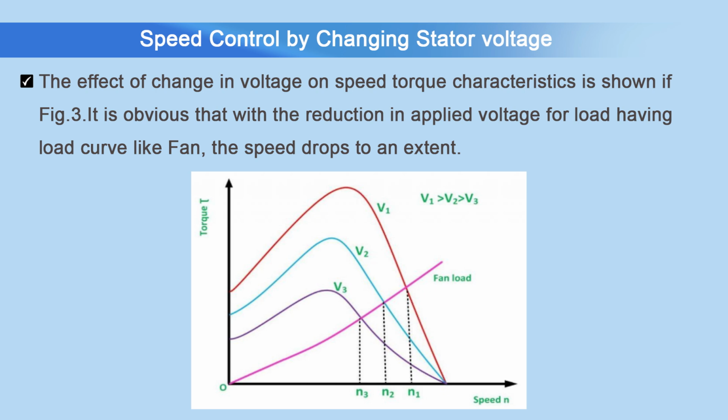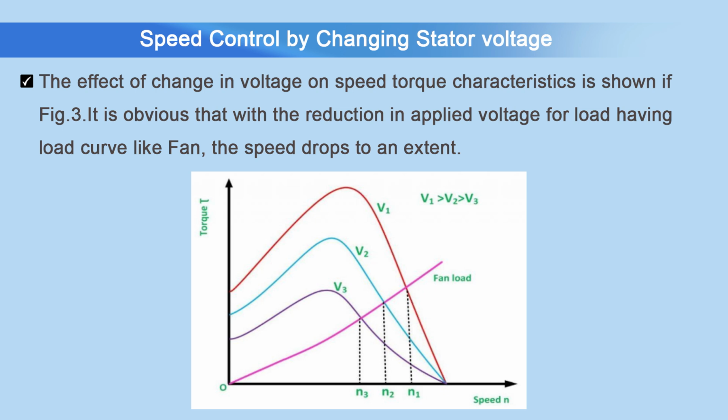It is obvious that with the reduction in applied voltage, for a load having a load curve like a fan, the speed drops to an extent. In the figure, you may see the characteristics of fan load, and for 3 voltages V1, V2 and V3, where V1 is greater than V2, and V2 is greater than V3.